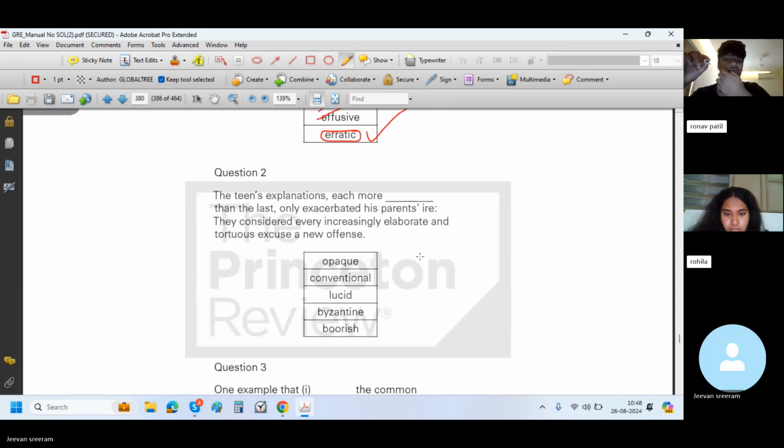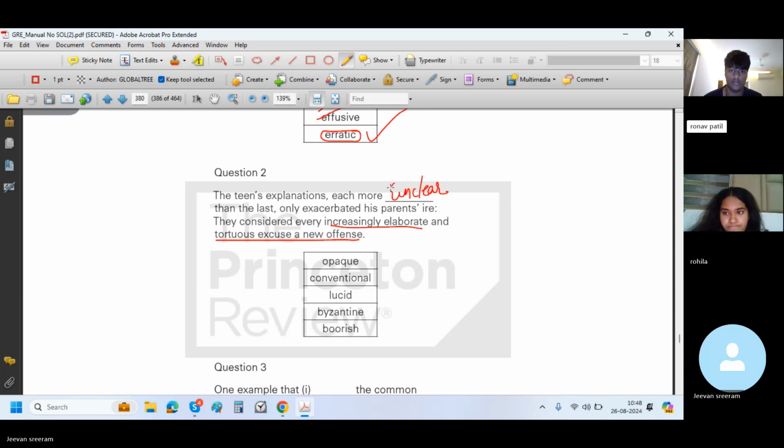Next. How about question number 2? The teen's explanations, each more complicated, increasingly elaborate and tortuous, complex. So more unclear.